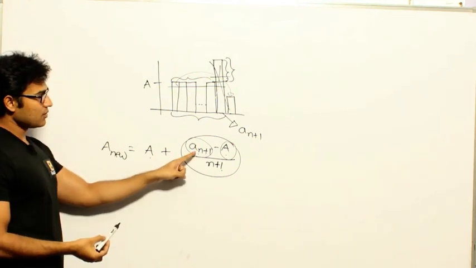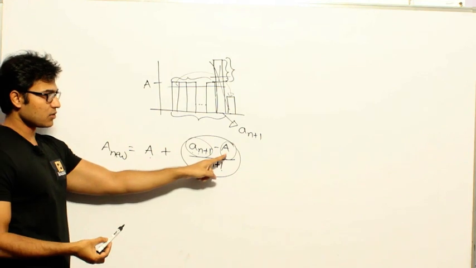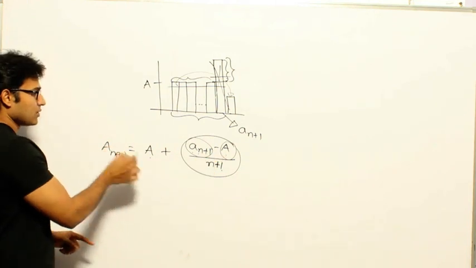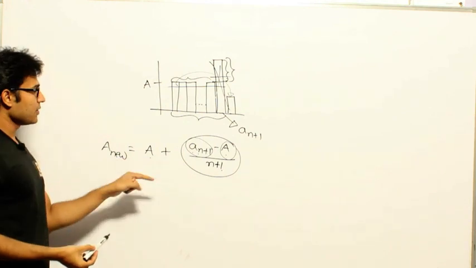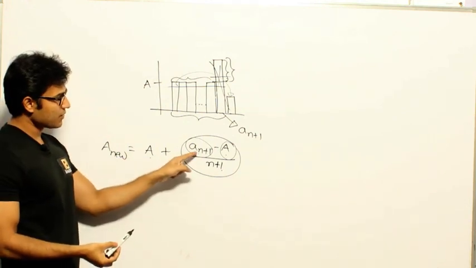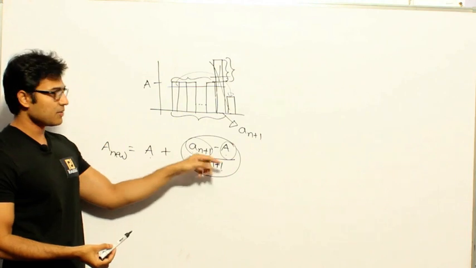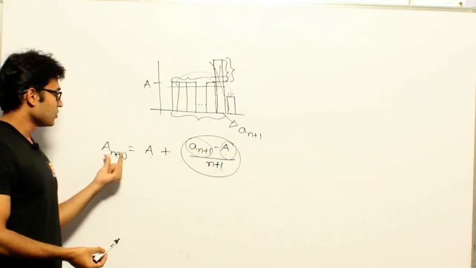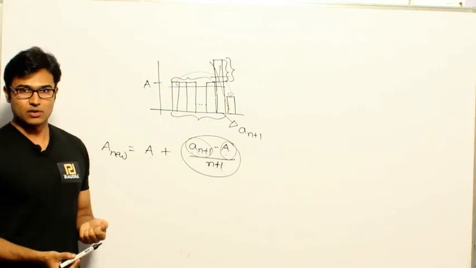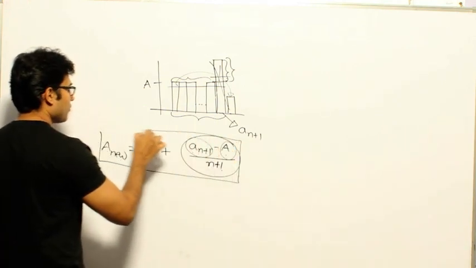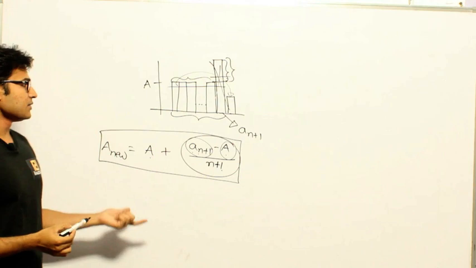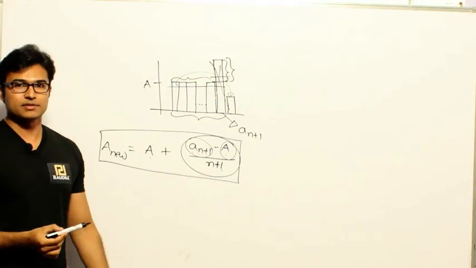In case you have added an element whose value is greater than the original average, the new average is going to increase because this entire term is going to be positive. In case you have added an element whose value is less than this, then you are going to get a negative value and the average is going to fall down. Got it? Okay. And now you can also think of replacing and deletion under the same conditions, right?